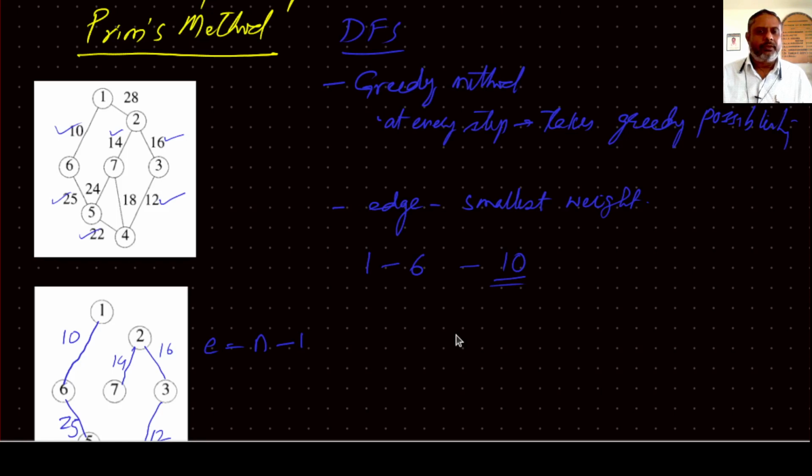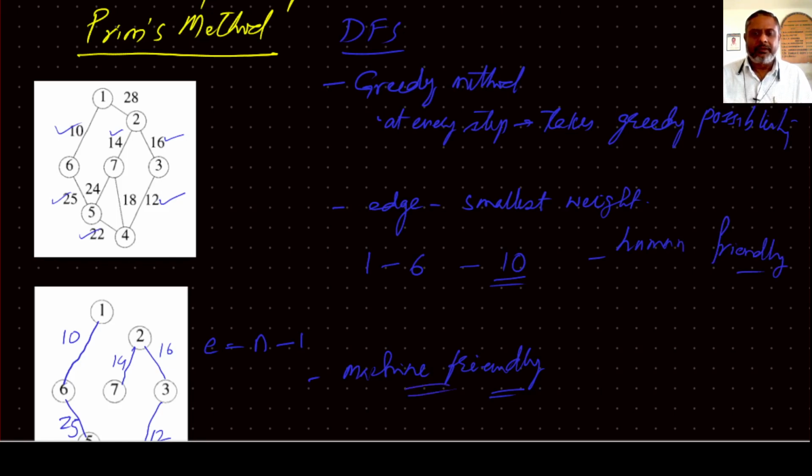Therefore, if you want this whole activity to be done by the machine, then you need to work in a machine friendly way, whereas whatever we did till now was human friendly. Now the issue is how do you find this machine friendly way from whatever we know as human friendly.